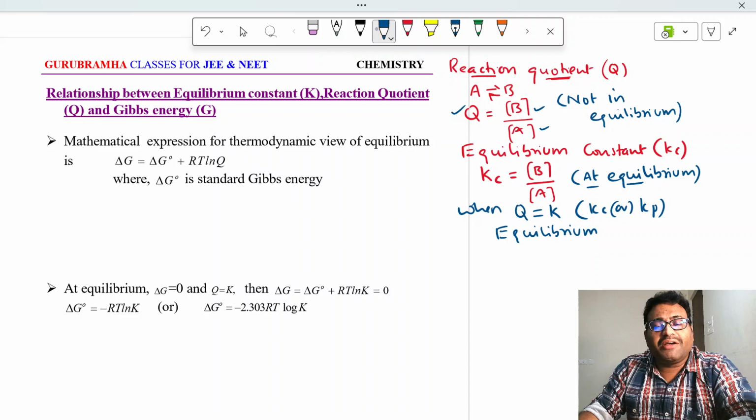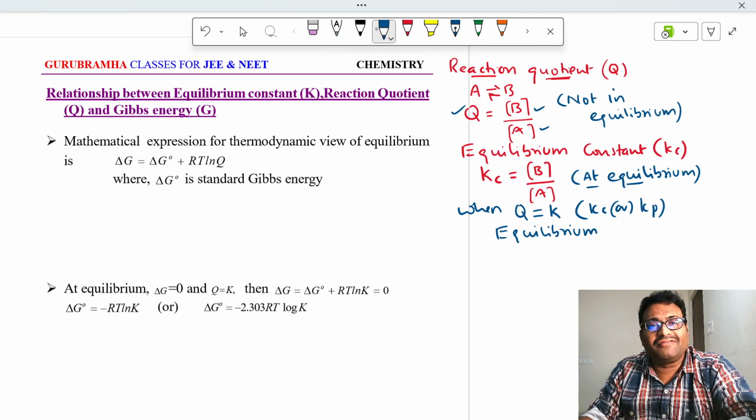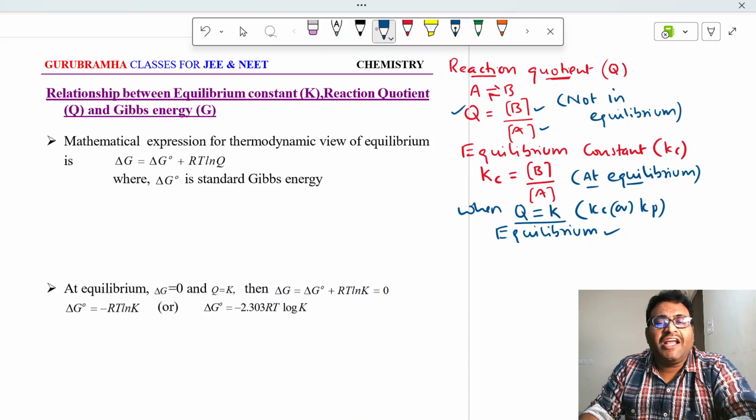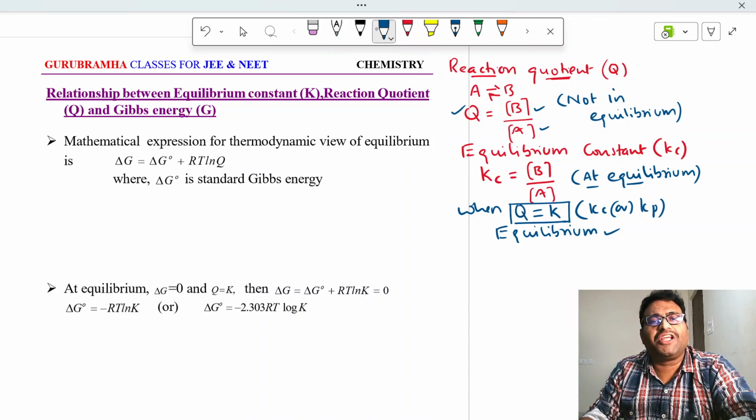When does Q become equal to K? That is important. When the reaction is at equilibrium, then Q becomes equal to K. So you have to remember this condition that at equilibrium, reaction quotient is equal to equilibrium constant.